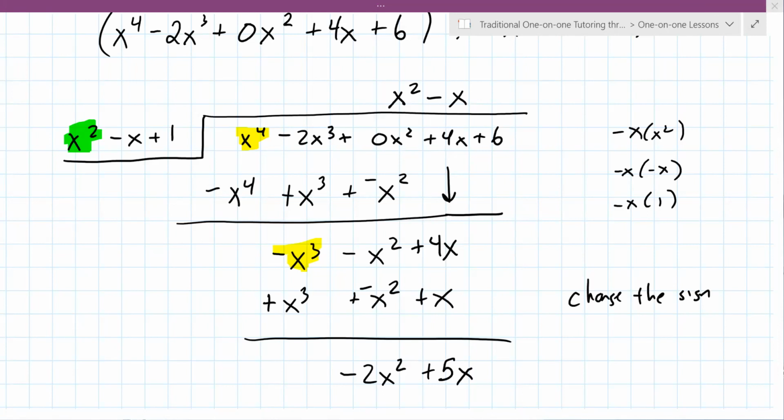All right, so it's the same thing again. You look for that leading one. Your leading one here. And it's the same question.